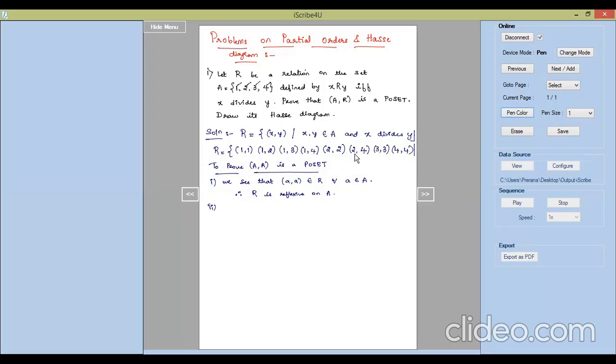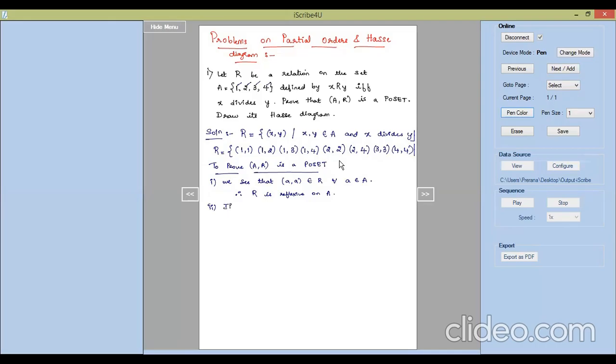2, 4 belongs to relation R whereas 4, 2 does not belong. So that is why we can conclude for every element A, B belonging to the relation R and A is not equal to B, we see that B, A does not belong to the relation R. We'll just write down the same thing.